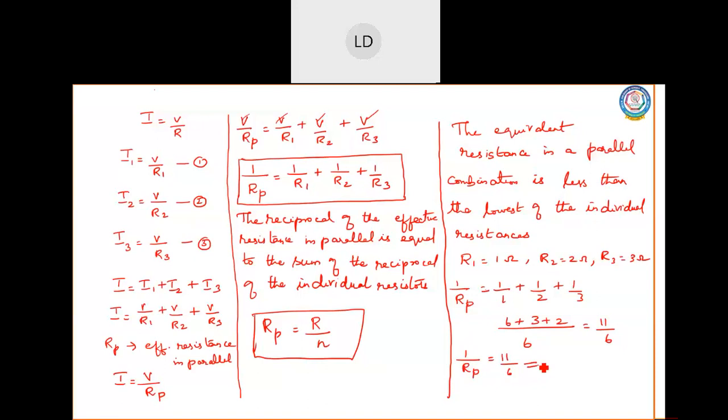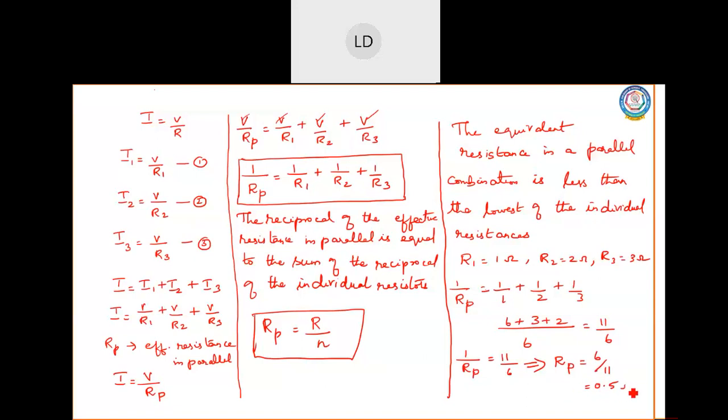But I want the value of Rp, resistors connected in parallel. So the reciprocal of it is 6 by 11. Now 6 by 11 is approximately 0.5. Now I am going to compare this value.